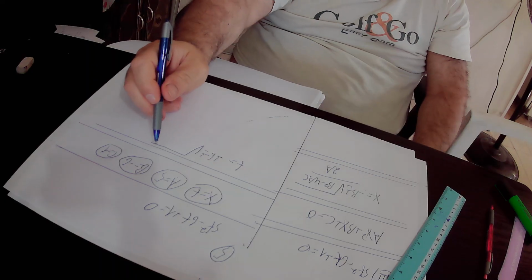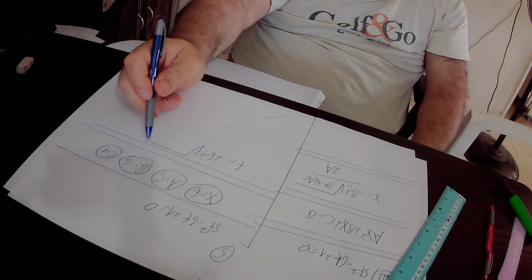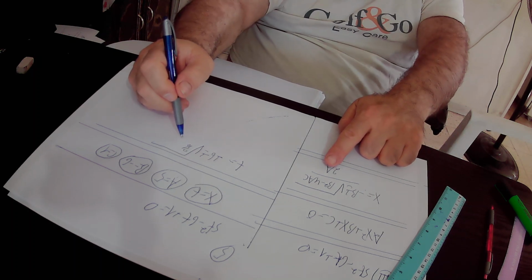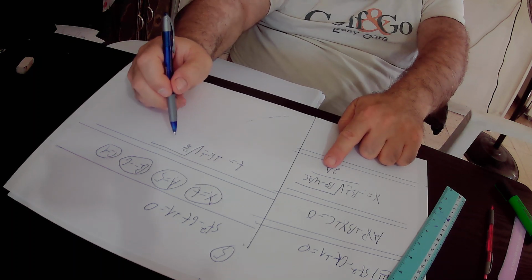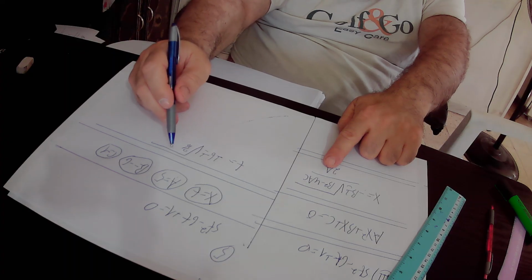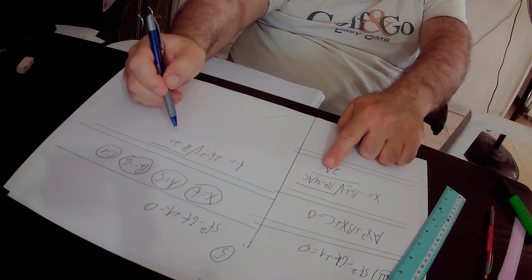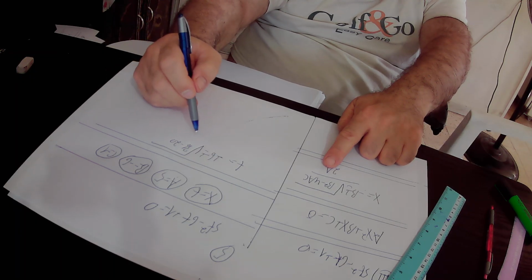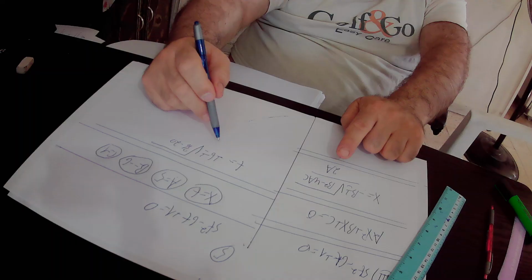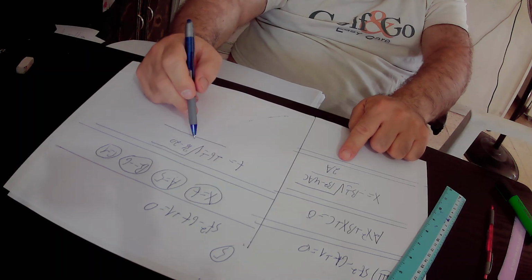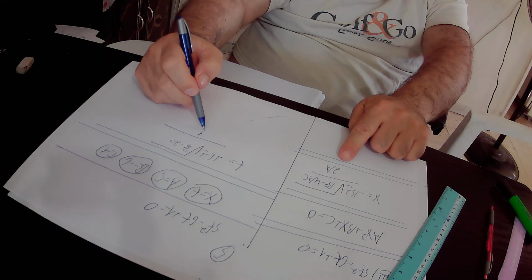B is minus 6, therefore b squared is 36, minus 4 times a. A is 5, so minus 4 times 5 is minus 20, times c. C is 1, so minus 20 times 1 is minus 20. So inside the root we have 36 minus 20, divided by 2a. A is 5, so 2a is 2 times 5, that is 10.